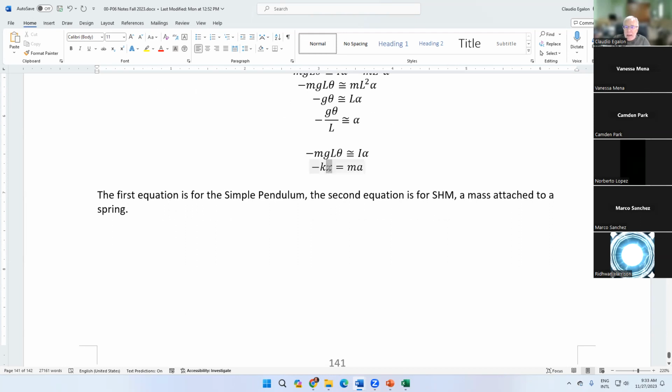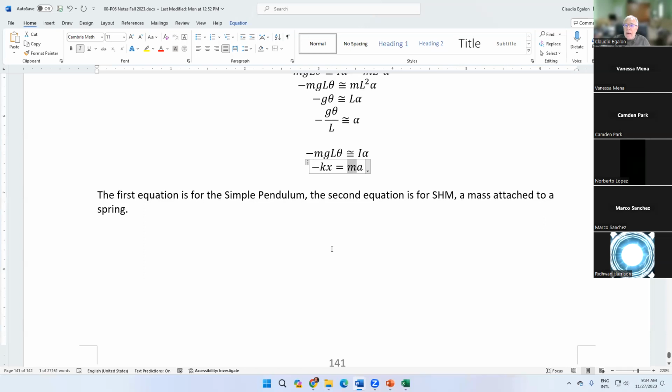So what we have here, we have one of the coordinates, which is x, and here we have the polar coordinate theta. This k that you see right in here corresponds to this constant that you see right in here, mgl. Notice that we have a negative sign there upstairs as well as a negative sign downstairs.